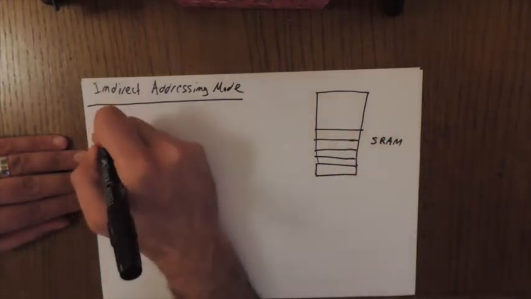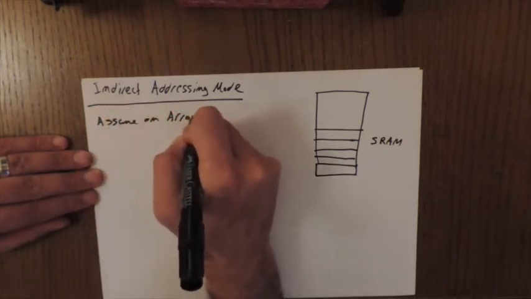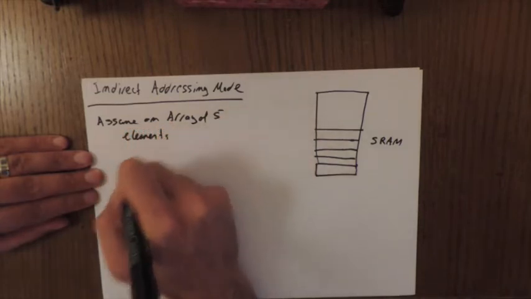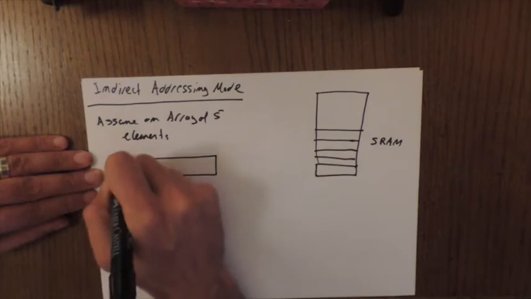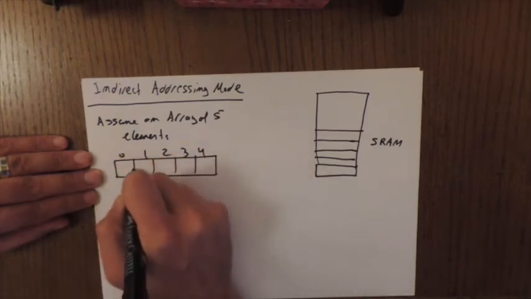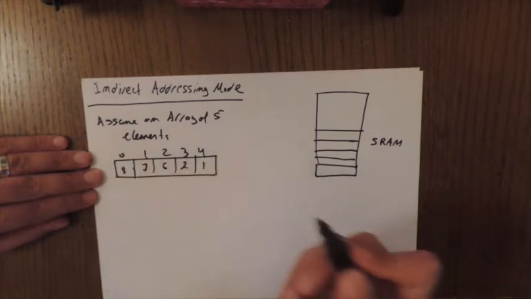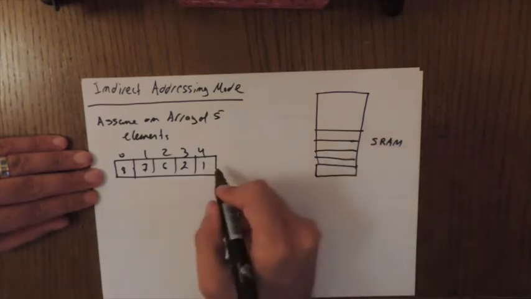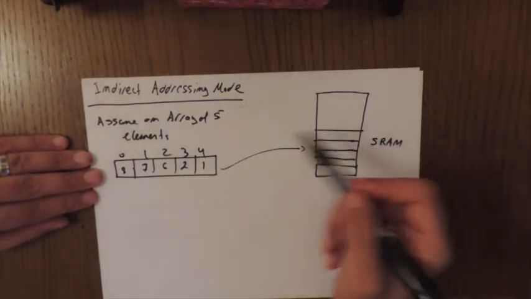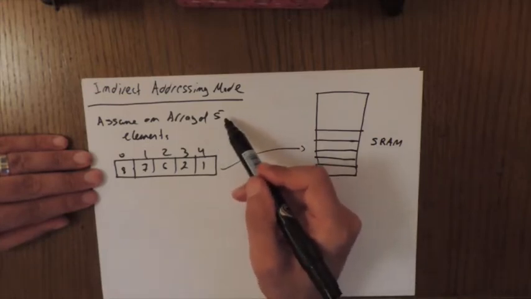Assume you have an array of 5 elements. So we have, for example, indices 0, 1, 2, 3, 4, and we have here values like 8, 7, 6, 2, 1, and we want to place those values in SRAM because, well, we could have placed them in registers, in the GPRs, but what if we have an array of 20 elements or 100 elements?